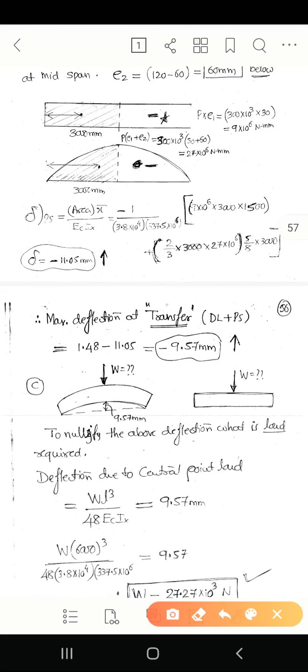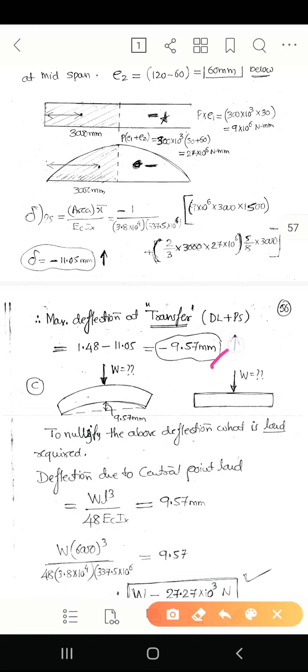So next we can calculate the maximum deflection due to the dead load and pre-stress. So due to the dead load is 1.48, due to the pre-stress is minus 11.05. So if I calculate, the total deflection is minus 9.57 I got, right? So that is the deflection I got.